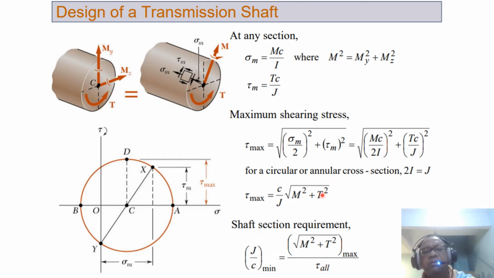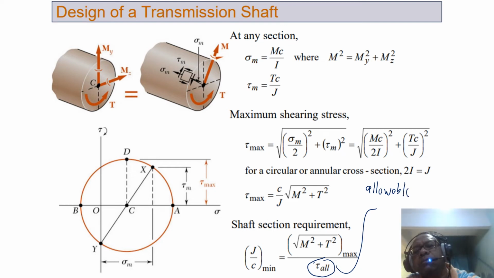Okay, let's put some notes here so that we can better understand. This is the allowable shear stress. C is the radius.